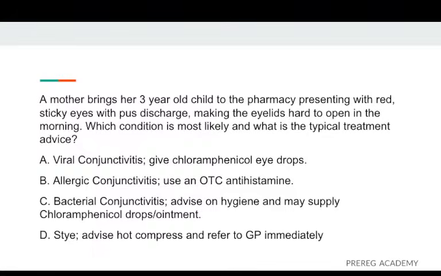How will you differentiate between viral conjunctivitis and allergic conjunctivitis? Which one occurs in one eye?